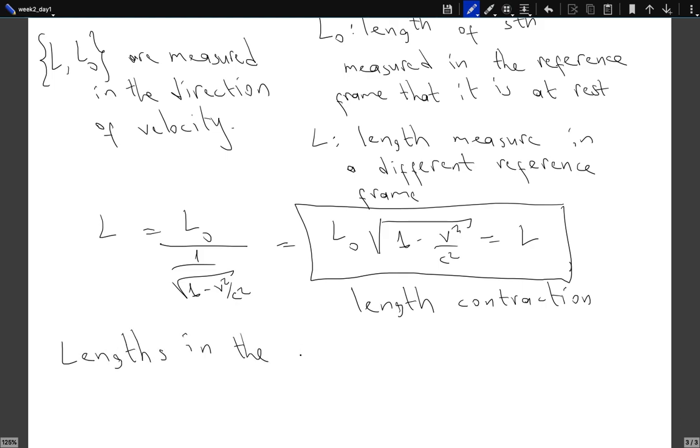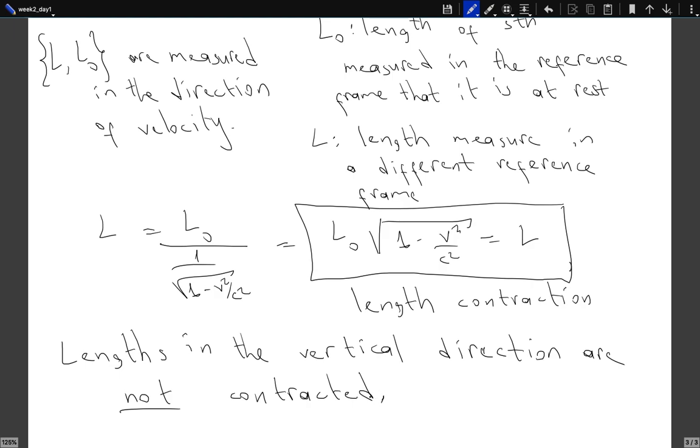Lengths in the vertical direction are not contracted. And in the next hour, we will discuss why they are not contracted.